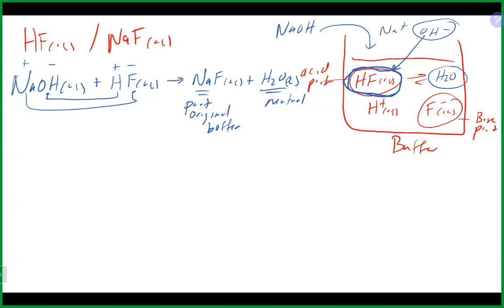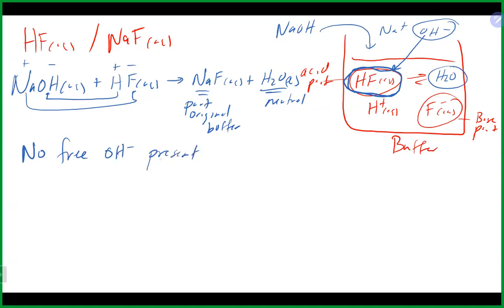And that OH minus is not going to be allowed to basically be free in that solution with the buffer. It's actually going to get tied up into water, which means the OH minus will not be free. And thus what happens in this case is there is no free OH minus present.